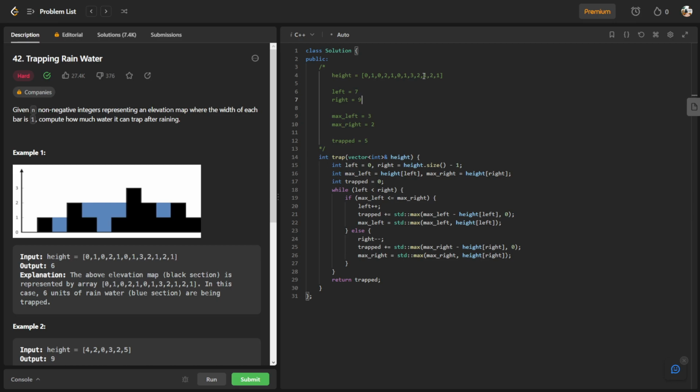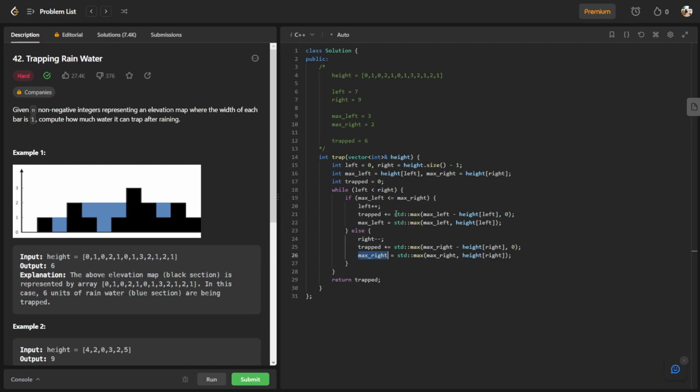Now we're looking at, I believe, this one: 0, 1, 2, 3, 4, 5, 6. Yeah, we're looking at this number. We see whether or not there's any trapped water. It will be max of 0 and max right 2 minus 1, which there is, so trapped will increment to 6.